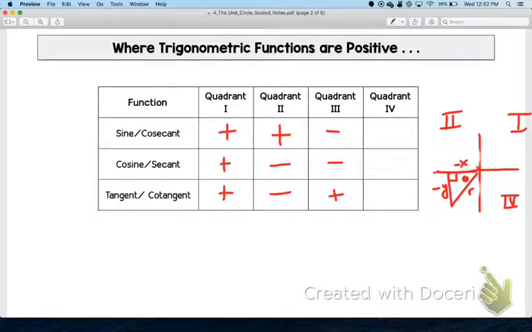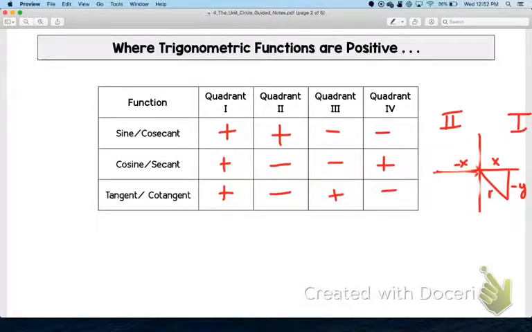Okay. And then quadrant 4. Let's do the same thing. X is positive, y is negative, r still always is positive. So my sine would be negative y over r, so negative. My cosine would be positive x over r, so positive. And then my tangent would be negative.